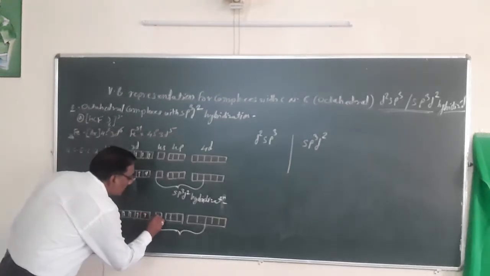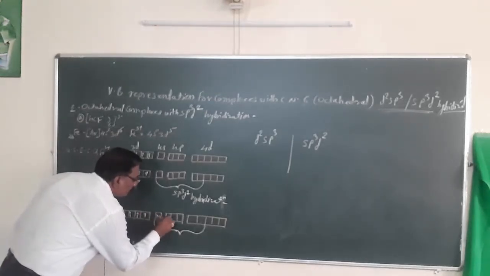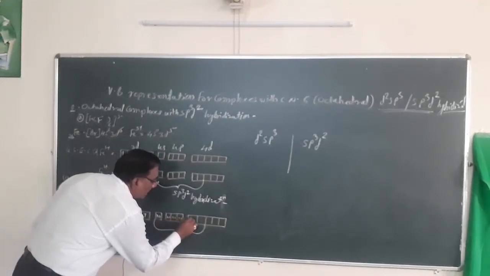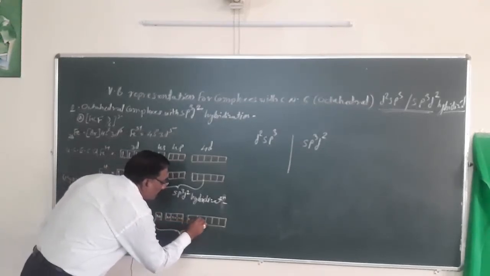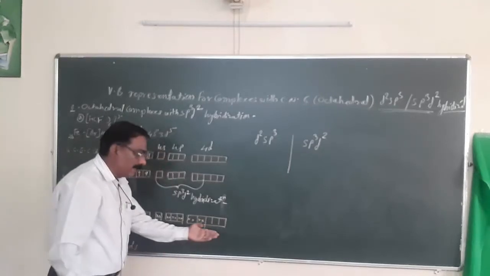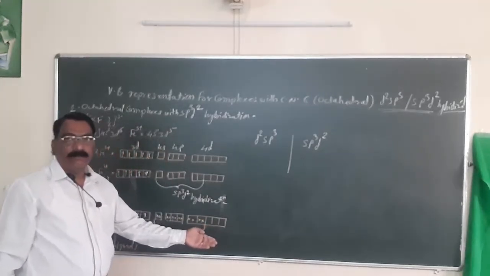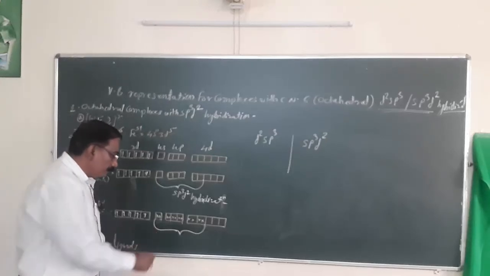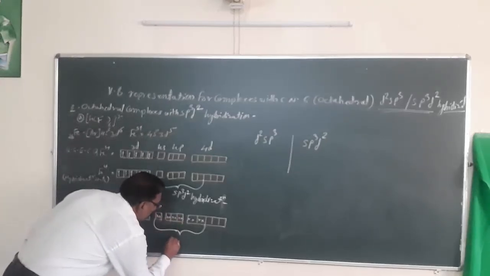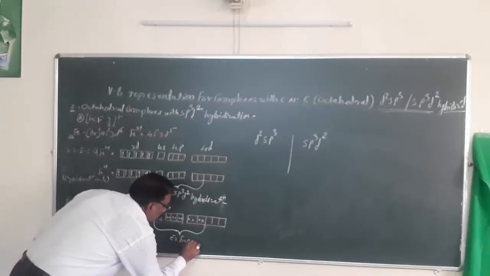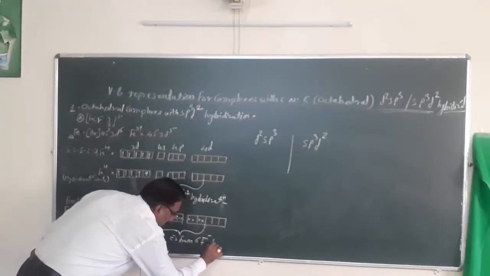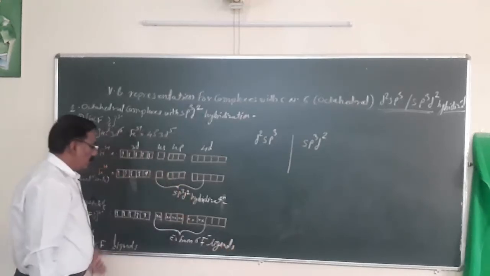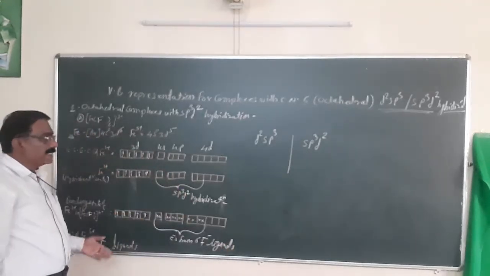So see, here there is the first F, second F, third F, fourth F, fifth F and sixth F. These 3 orbitals from 4d remain vacant, and we have the electrons from the 6 F- ligands, and thus we have this valence bond picture.